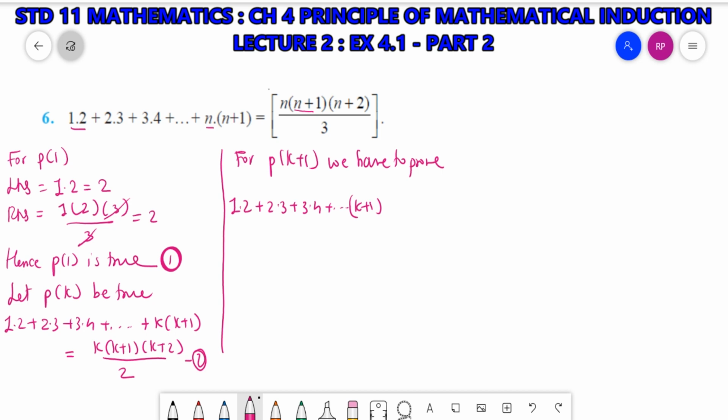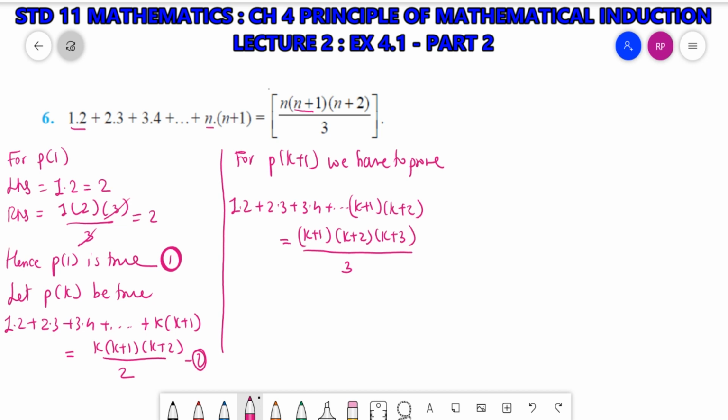Instead of n plus 1, k plus 1 plus 1, that is k plus 2. We have to prove this is equal to, instead of n, k plus 1, n plus 1, k plus 1 plus 1, k plus 2, n plus 2, k plus 1 plus 2, k plus 3 upon 3.